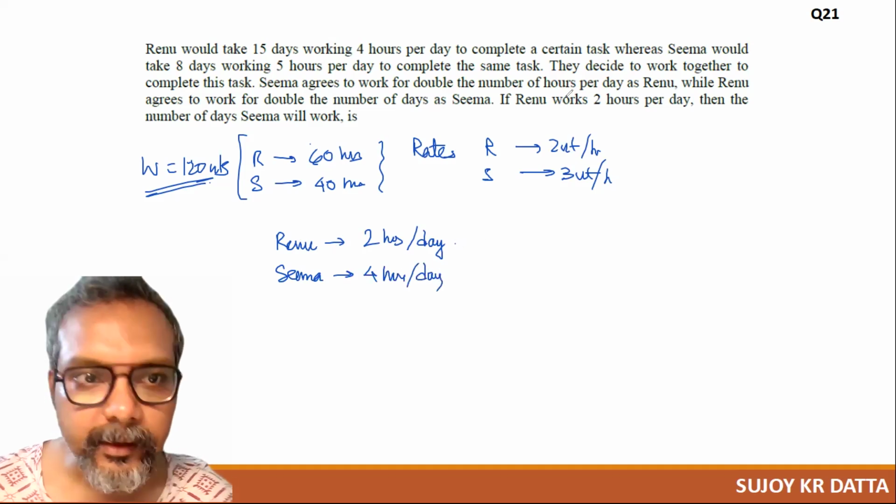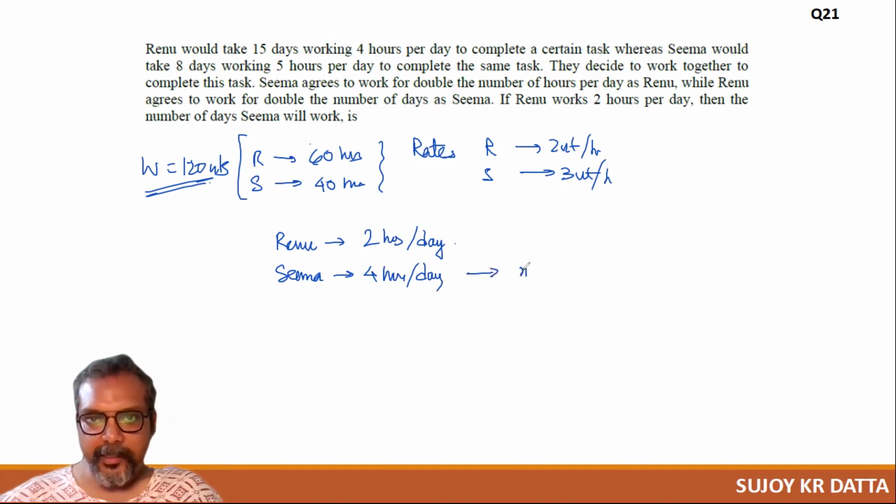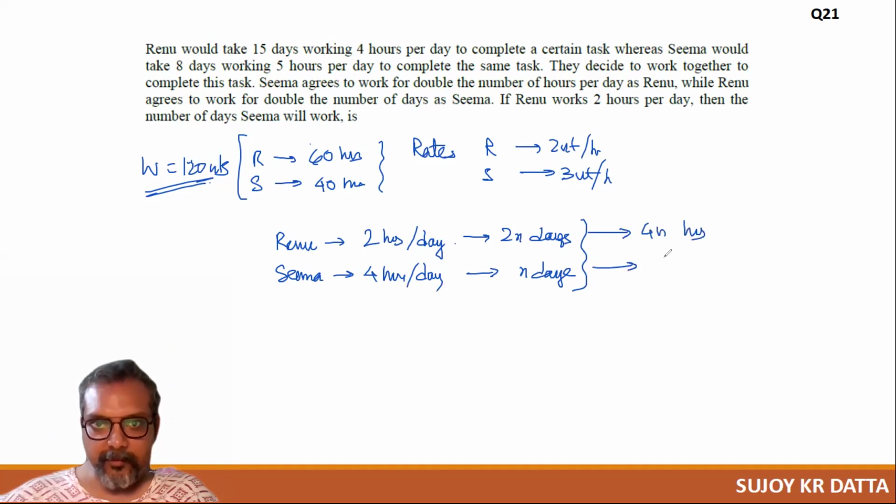And Renu agrees to work for double the number of days as Seema. So let us say Seema works for n days. Then Renu will work for 2n days. So that means Renu is going to work for 4n hours and Seema will work also for 4n hours.